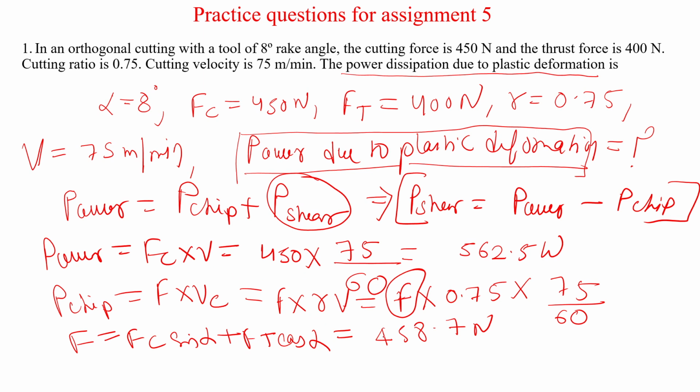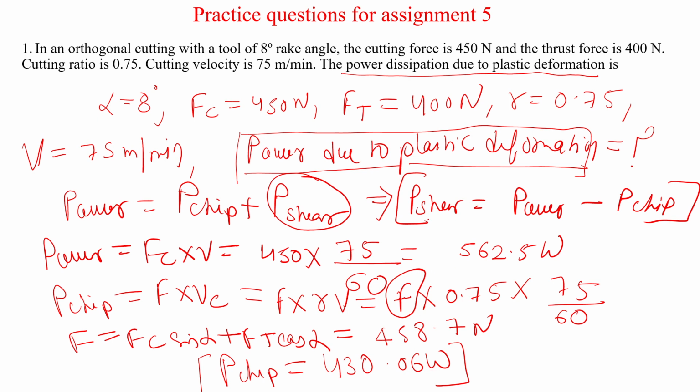Then just put this in the P chip. Then P chip is equal to 458 into 0.75 into 75 by 60. How much will you get? 430.06 watt. One of the students was telling 430 as the answer, right? But what you have to find? Your answer is not 430.